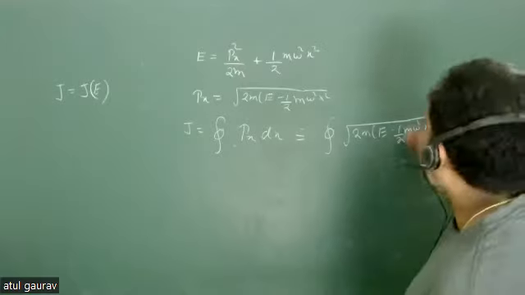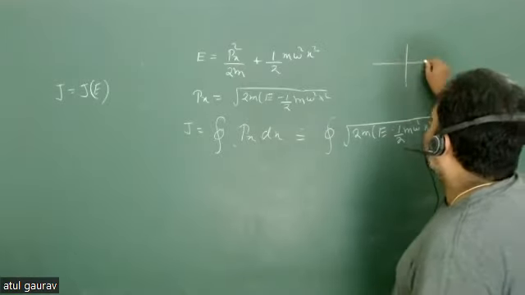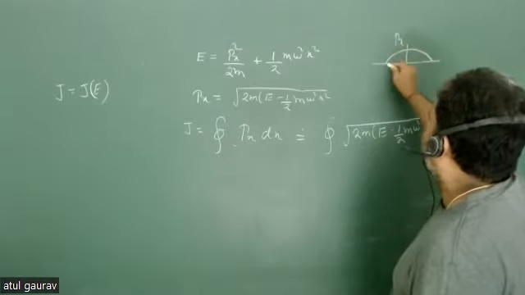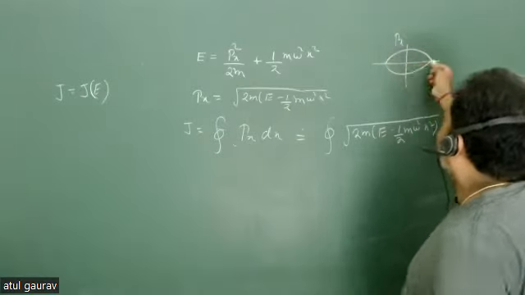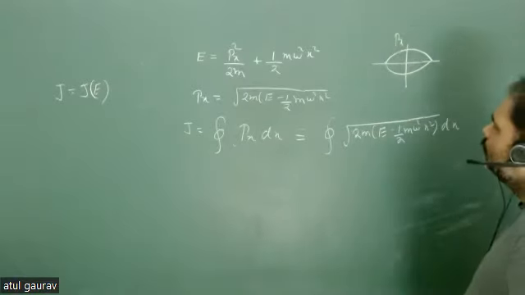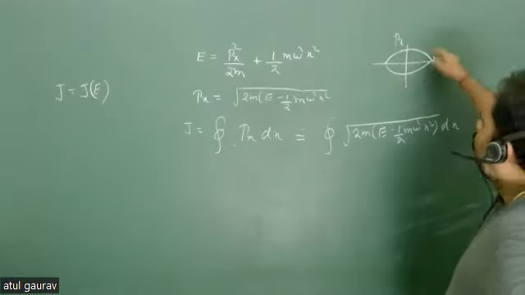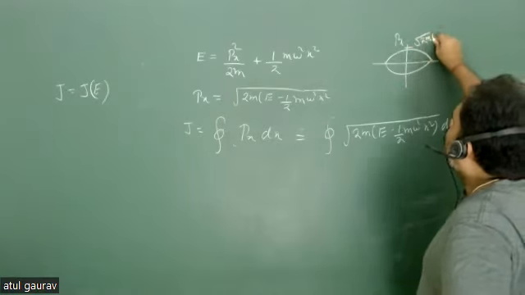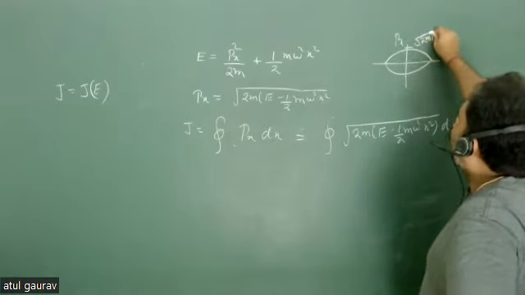Now if we plot this particular phase curve, and we have done it a lot of times, we just want to calculate the area under the phase curve, isn't it? Yes or no? So what is this value? This value is nothing but root under 2mE. And what is this value? Root under 2E upon k.